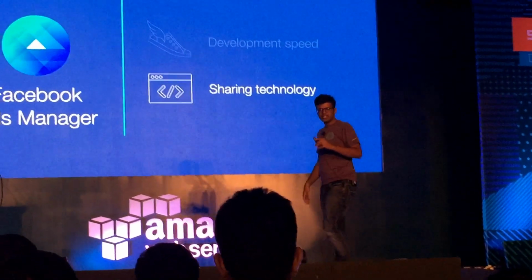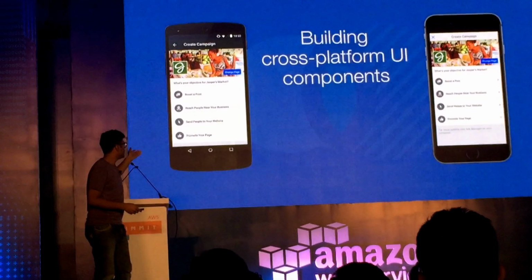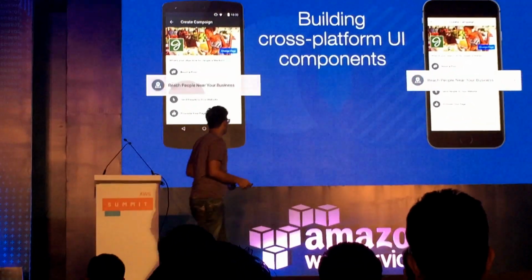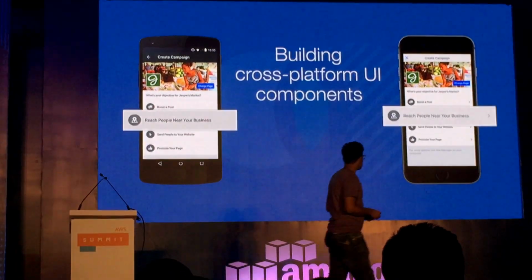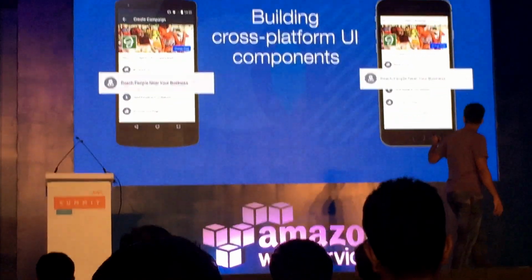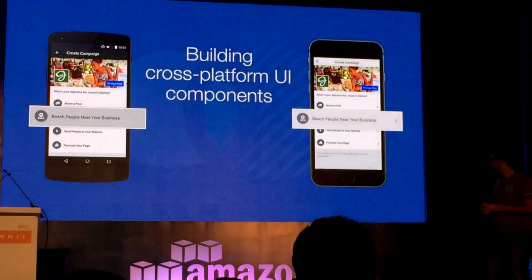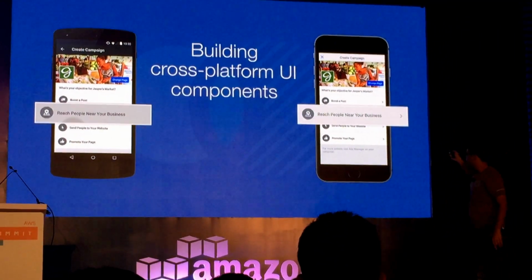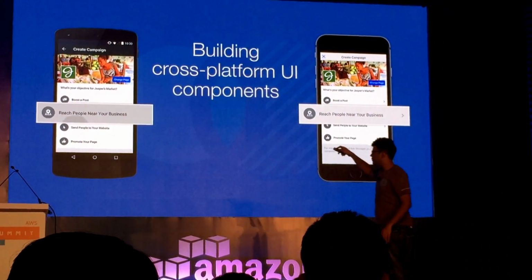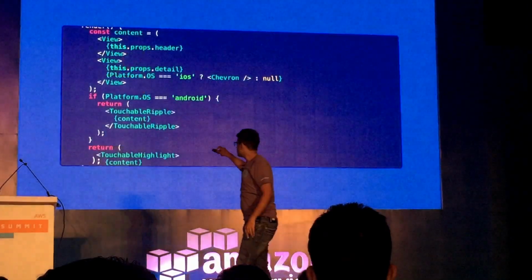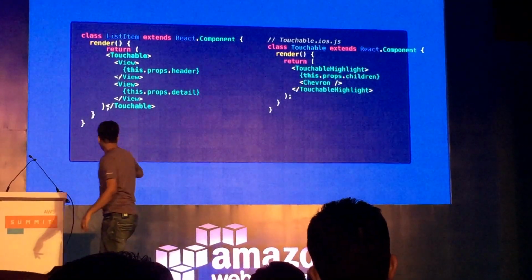So the list views, for example, you can use the same list view on both Android and iOS. The difference is that on Android you have that ripple effect, and in iOS you have that chevron and that icon. Those are other things apart from this, and you really don't need all of them.